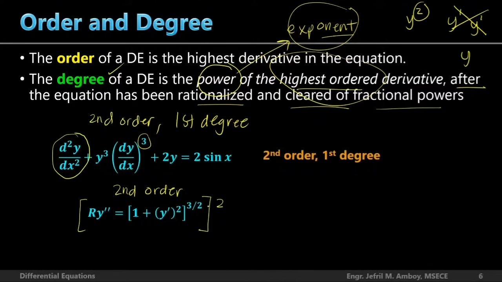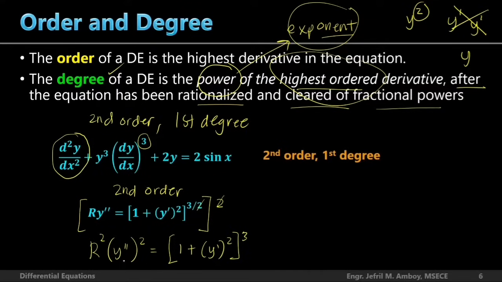I-square natin both sides para mag-cancel yung 2 dito at yung 2 doon. Okay? So, squaring both sides, we will get r squared, of course. And then we have y double prime also squared equals the quantity 1 plus y prime squared and then cube.